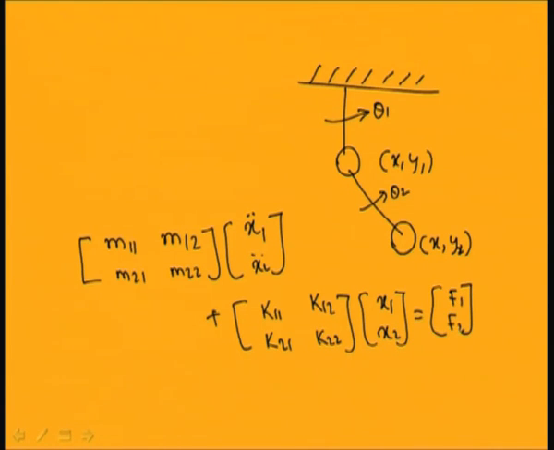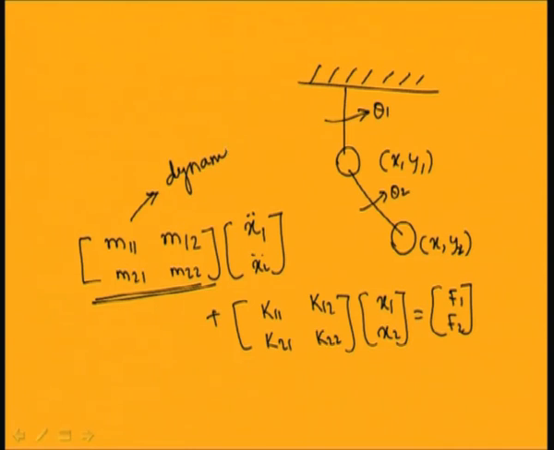In the case of free vibration, the right hand side terms are 0, and I told you about dynamic and static coupling. If the mass matrix is coupled, that is, some of the off diagonal terms are present, then the system is said to be dynamically coupled.